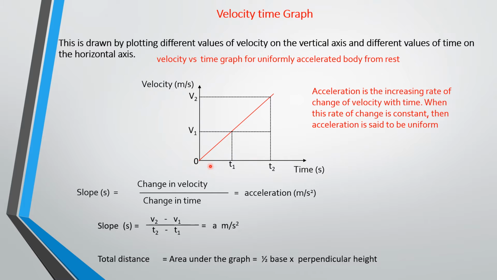So if you know the values from 0 to t2, which is the time, and this height, which is the maximum velocity, you can find the area under this graph. And that is what we'll be looking at in this topic: calculations involving graphs of motion. What I've discussed so far is just a brief introduction to what we want to do today.